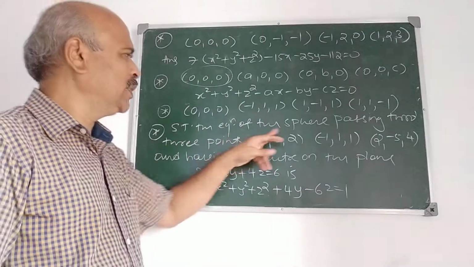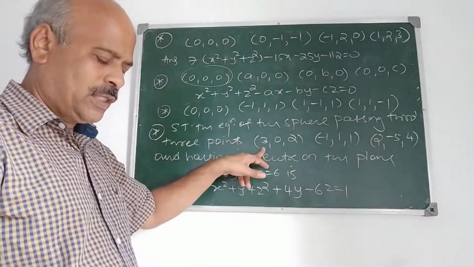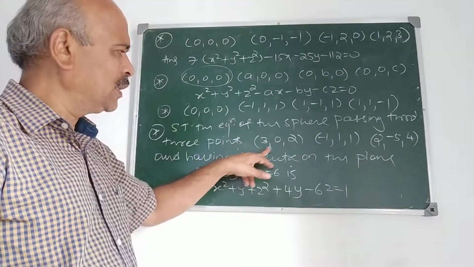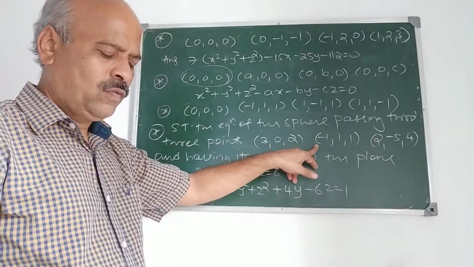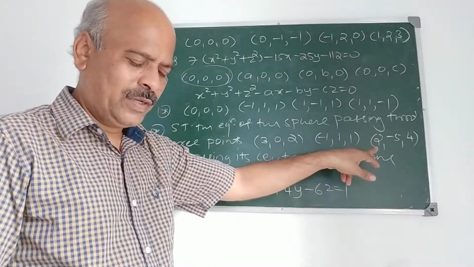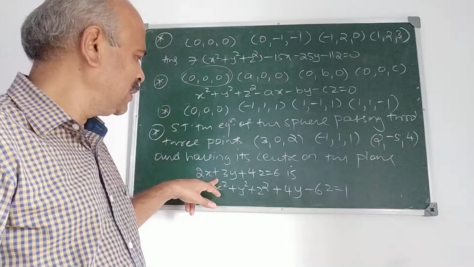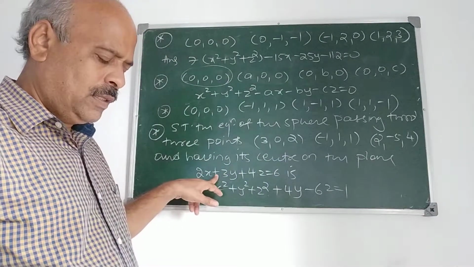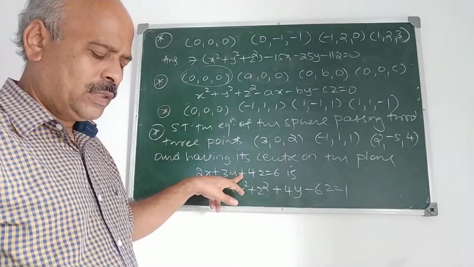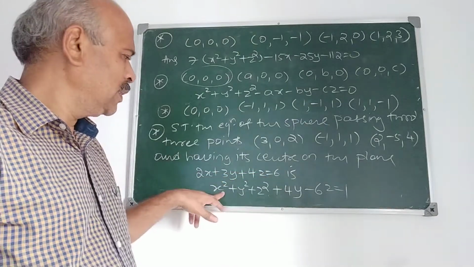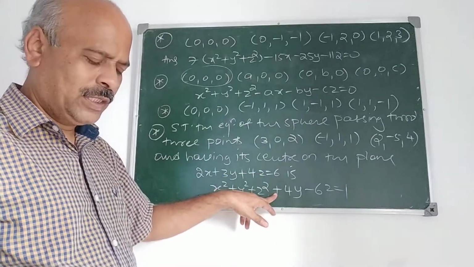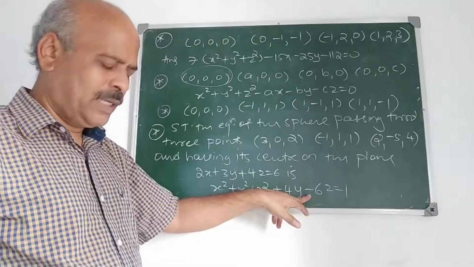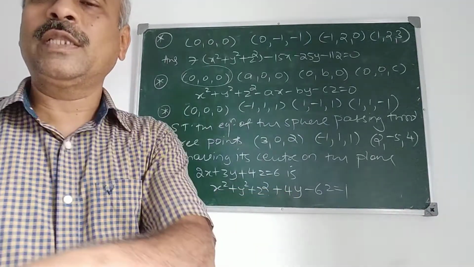Say this problem. Show that the equation of the sphere passing through the points 3, 0, 2, I verify again, points 3, 0, 2, minus 1, 1, 1, 2, minus 5, 4 and having its center on the plane 2x plus 3y plus 4z is equal to 6 is x square plus y square plus z square plus 4y minus 6z is equal to 1. This is the problem.